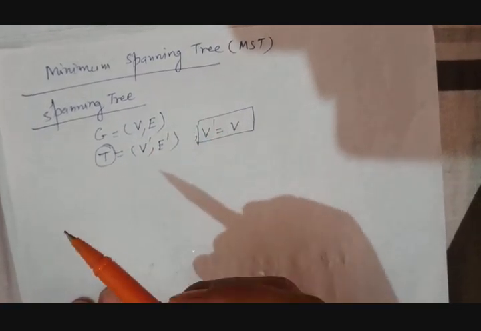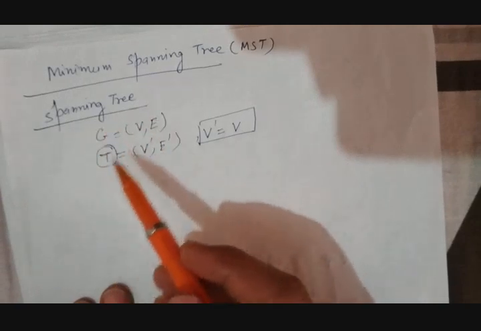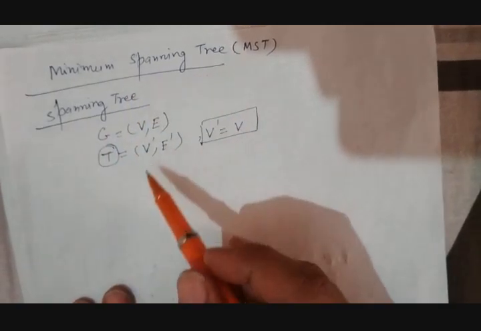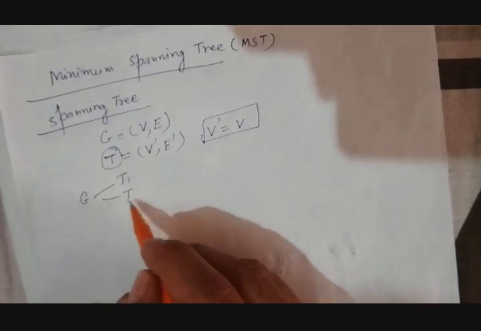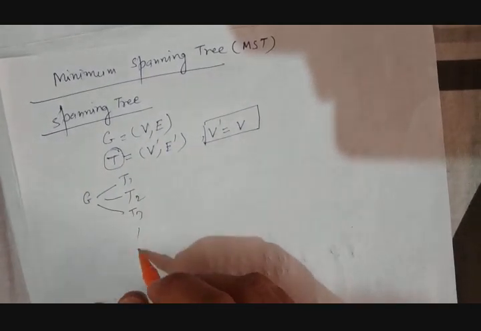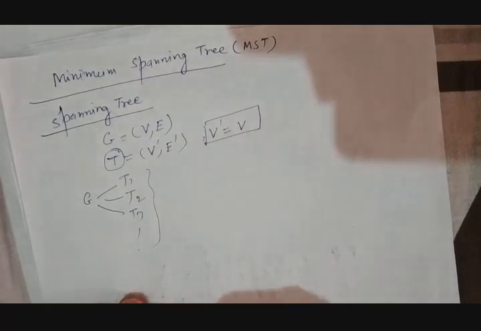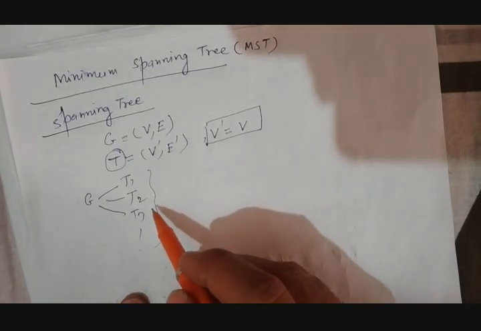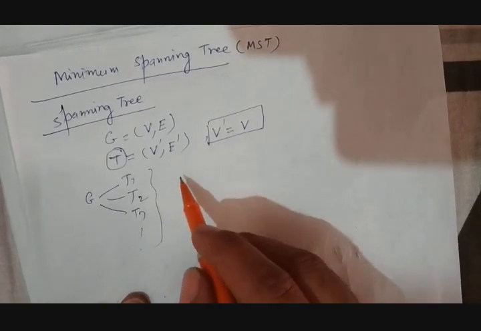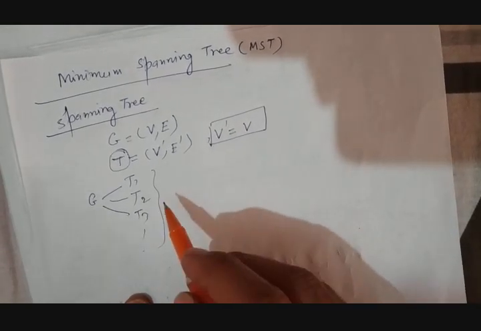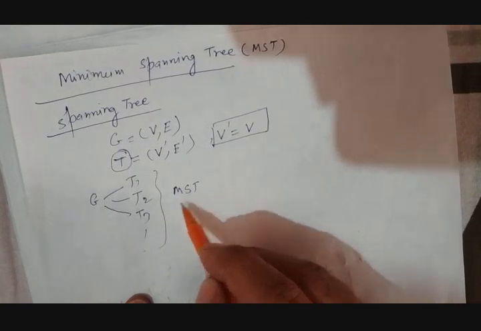So the main topic is how we can find out the minimum spanning tree. Just see here, a graph G may have so many spanning trees, T1, T2, T3 and so on. It may have any number of spanning trees. The objective is to find such a spanning tree which has minimum cost, which has total minimum weight, that is called minimum spanning tree.